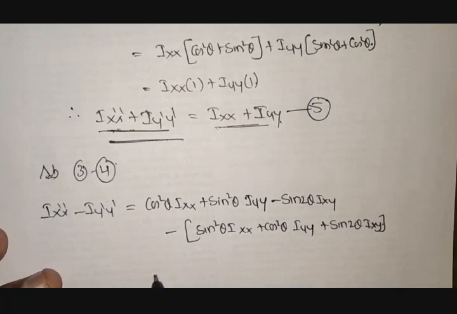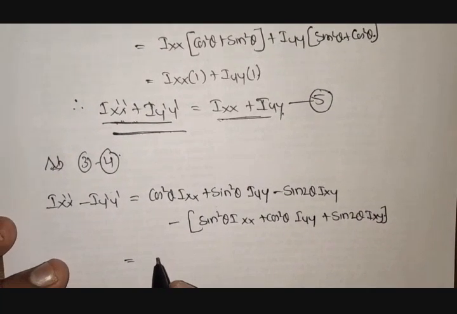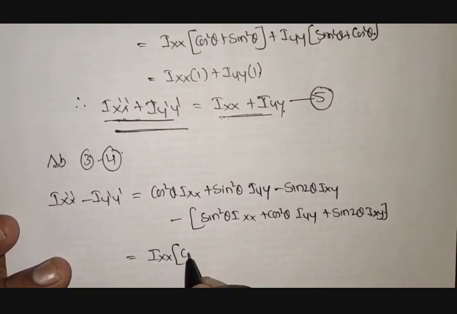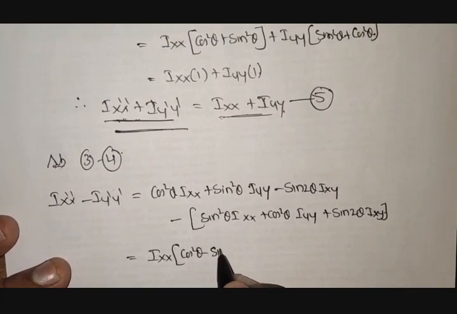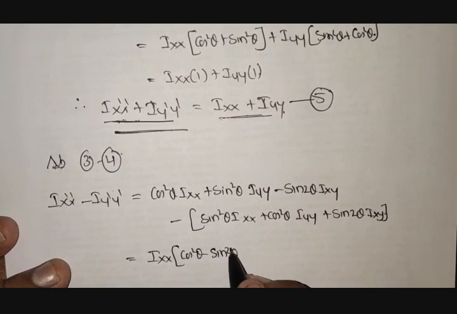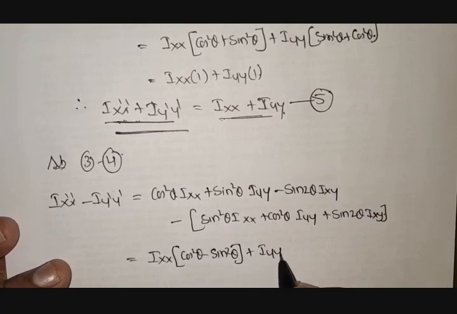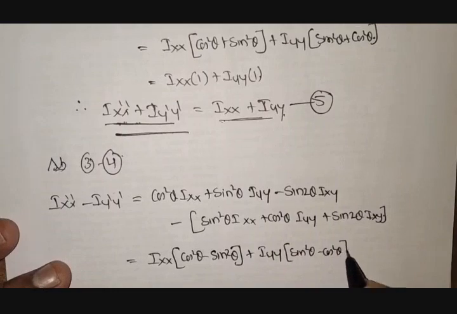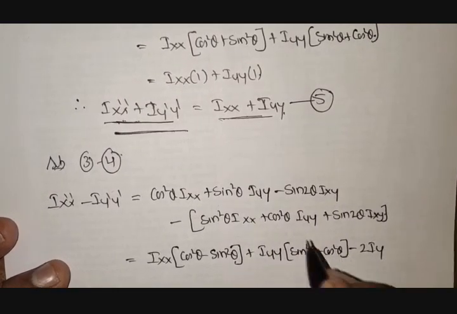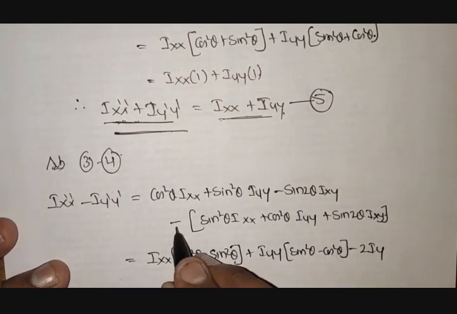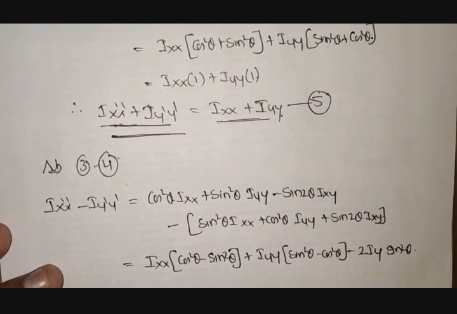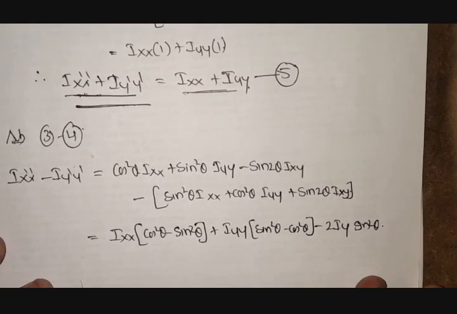By simplifying these terms we will get Ixx of cos square theta minus sin square theta plus Iyy of sin square theta minus cos square theta, minus 2 Ixy into sin 2 theta.